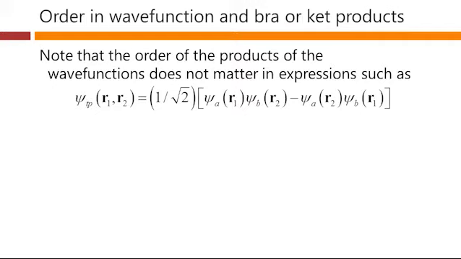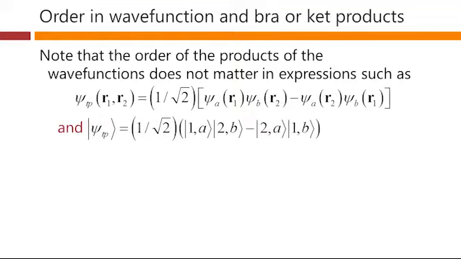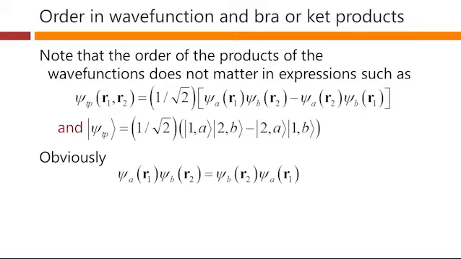Now, note that the order of the products of the wave functions does not matter in expressions like this. It doesn't matter if we put this function before that one, as long as we keep it the same function of the same coordinate. And the same thing is true if we write things in bracket notation. Obviously, as I said, this product here is equal to this one. Note that we've kept A with R1 and B with R2 in both cases.